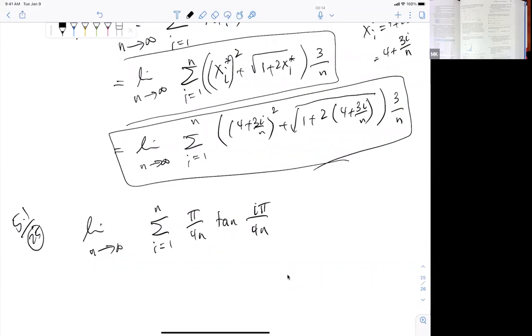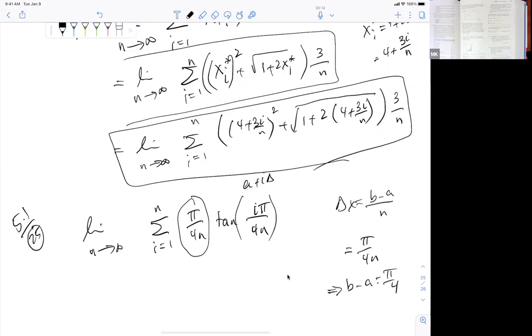So pi over 4n will be representing your delta x, which is b minus a over n, so b minus a would have to be pi over 4. This part is supposed to be your a plus i delta x, and I know my delta x is pi over 4n.